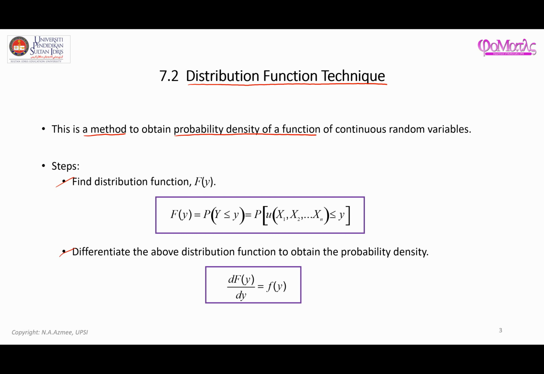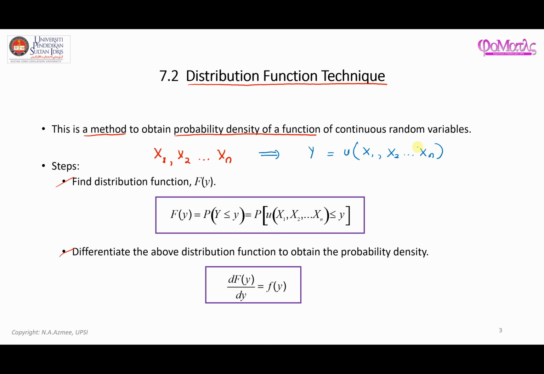First of all, let's assume that we have random variables such as x1, x2, until xn. And imagine that these random variables can be combined, such as they can be added or subtracted or multiplied, and the process here will give you a new random variable. The new random variable is going to be called y, where y is a function of x1, x2, and so on.